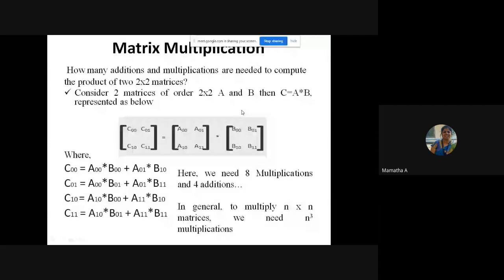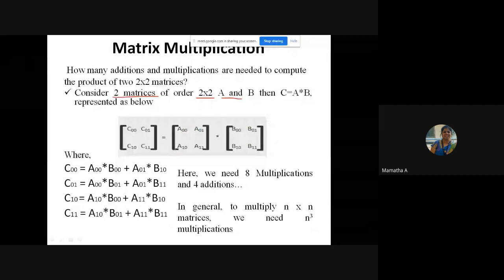Just look at the picture here which I have just posted. I have considered two matrices of order 2 cross 2, named A and B. If I ask you to compute the matrix multiplication C equals A star B, in general I have taken the matrices A and B in this format.